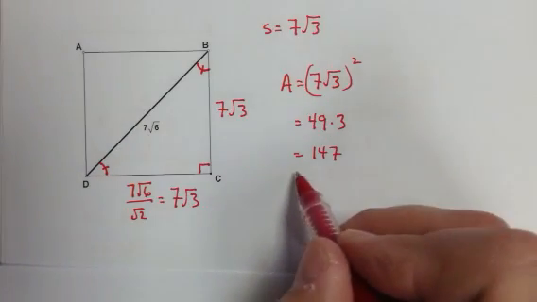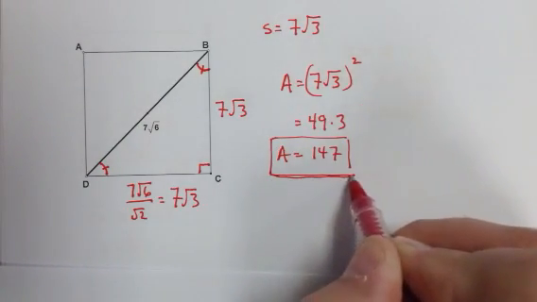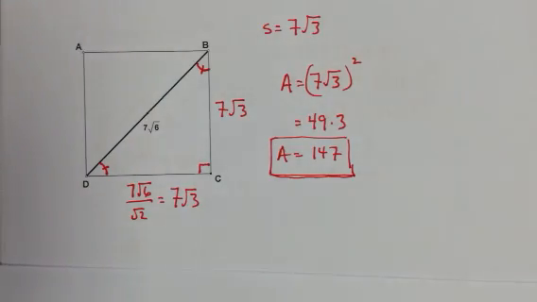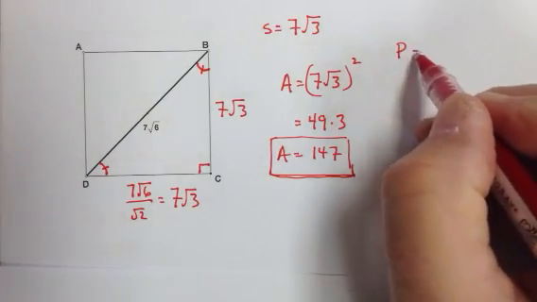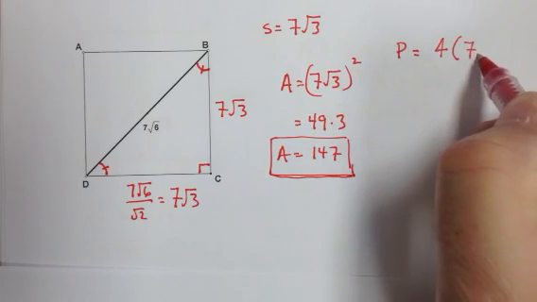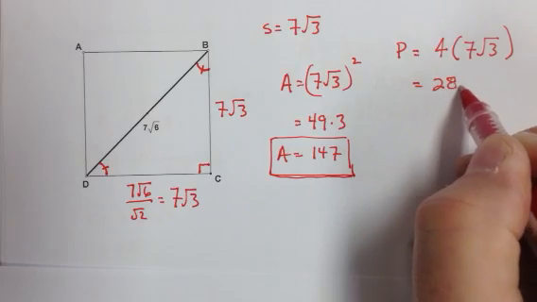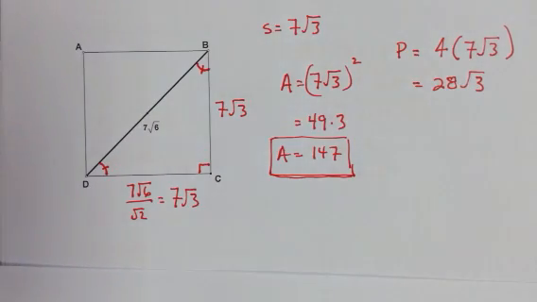There are no units in this problem, so my answer is going to be 147. The perimeter is going to be 4 times S for side length, or 28 radical 3.